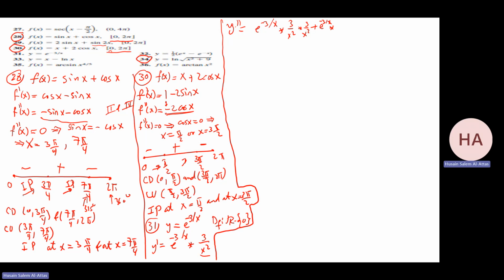What's the derivative of this? 3 over x squared, 3x minus 2. So it will be minus 6 over x cubed.